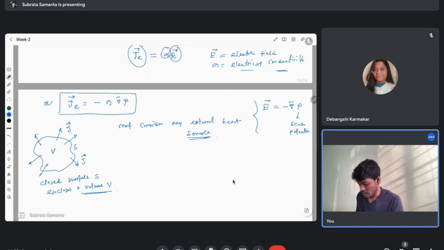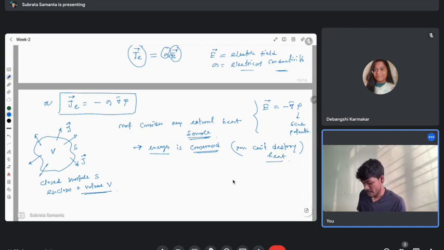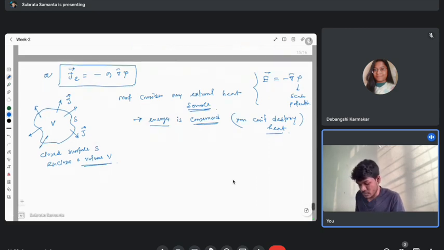That means your energy is conserved, because we are not putting in any external heat source. So energy is conserved. That means you cannot destroy heat. So we only treat the thermal case here. Energy is conserved, you cannot destroy the heat.